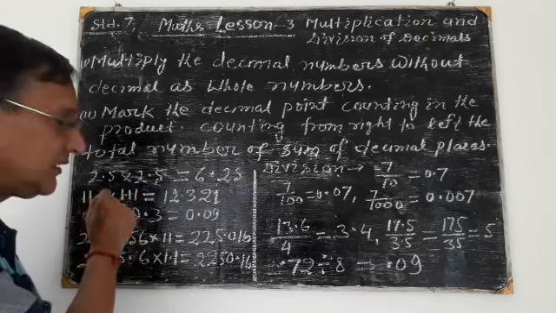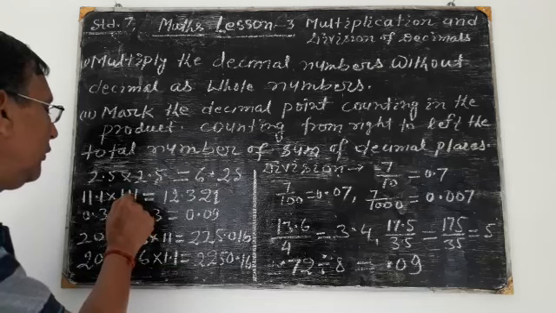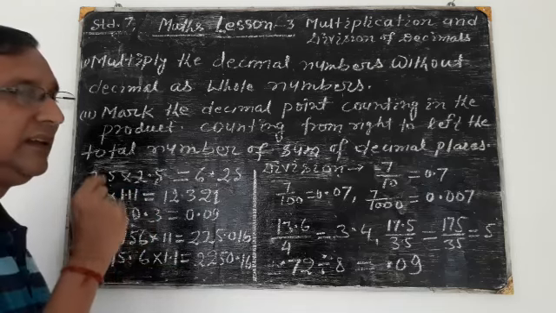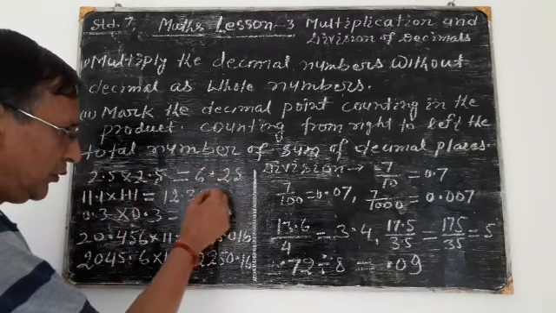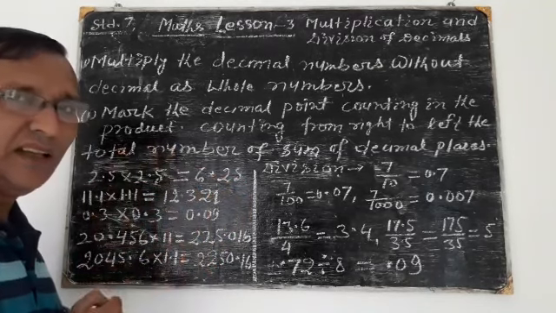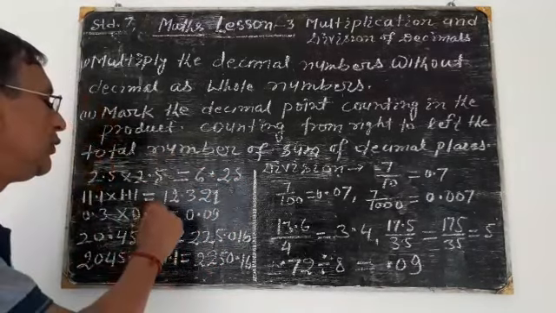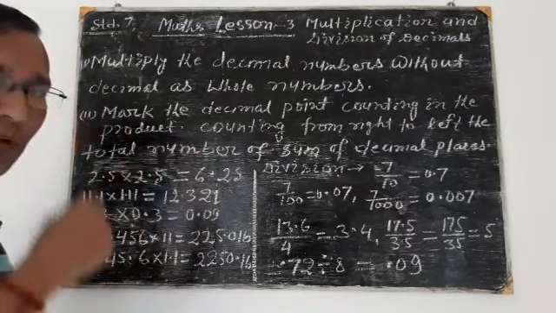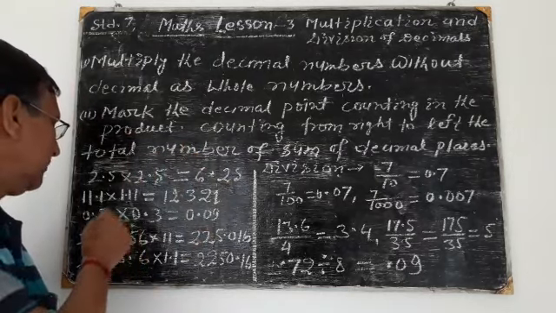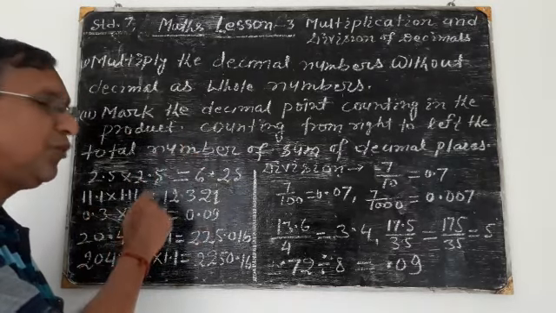So 1, 2, 3. Counting from the right, 1, 2, 3, we insert the decimal, and our product is 12.321.